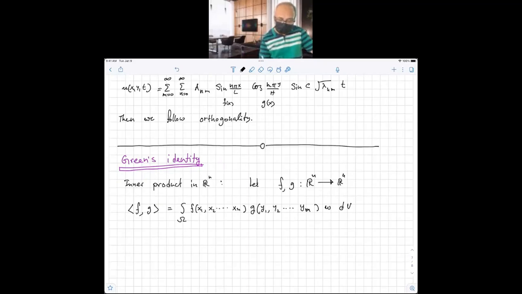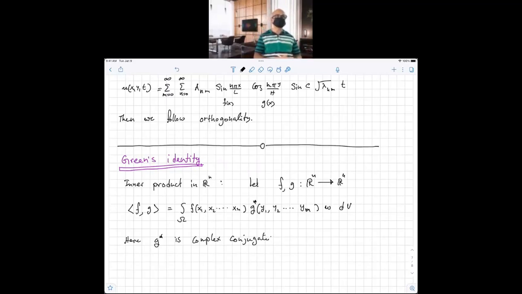I will use a star here for clarity: g star is the complex conjugate. So it covers the case where we have to deal with complex functions.